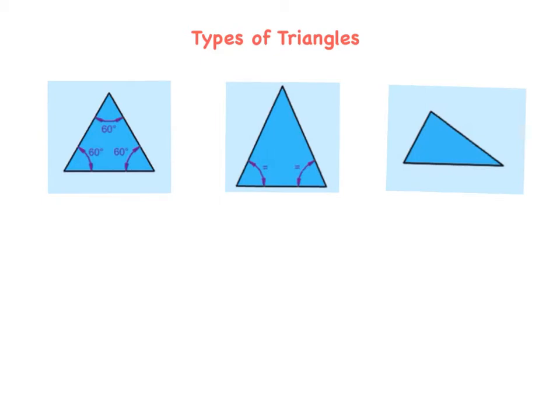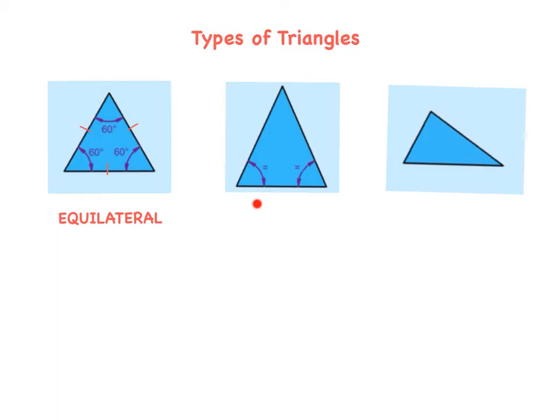If all the sides are the same, we put little lines on them, and all the angles are exactly 60 degrees each. The name for this triangle is equilateral. It's because it has all the sides equal.